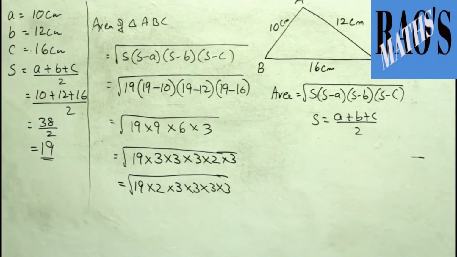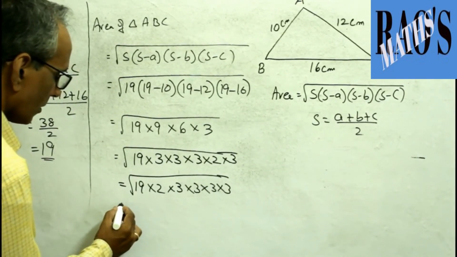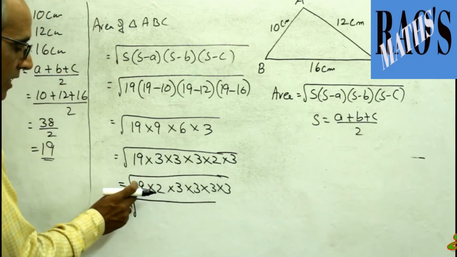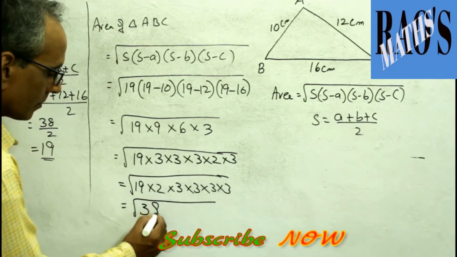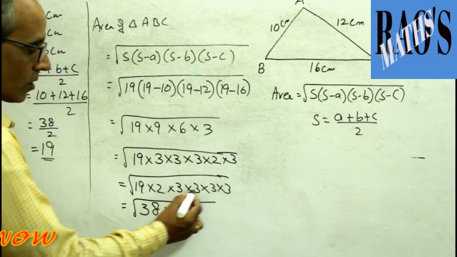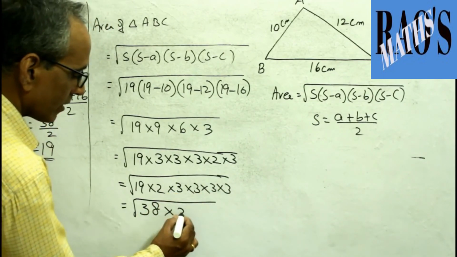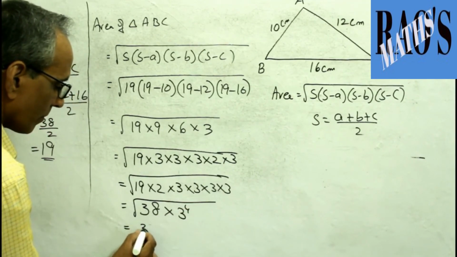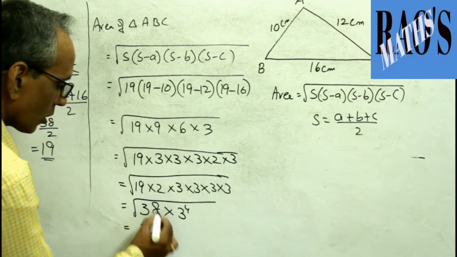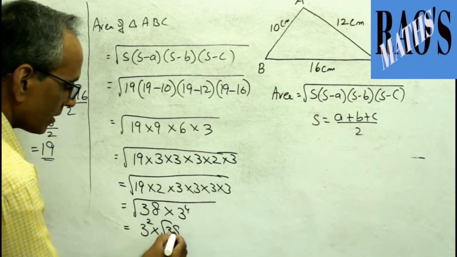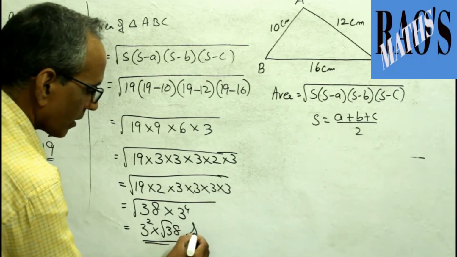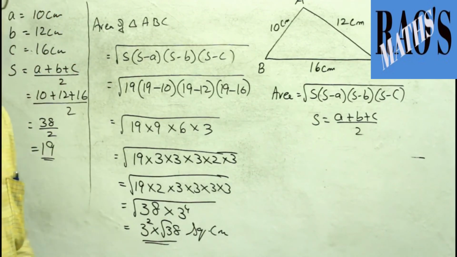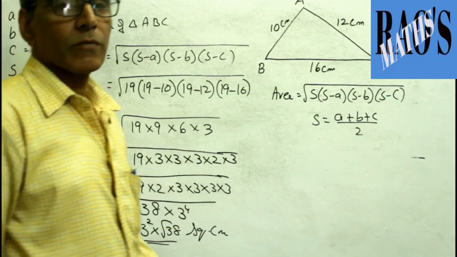I multiply the lone factors, that is 19 and 2, which gives 38, and the other factors, which are 3, four times, can be written as 3 power 4. So the square root of 3 power 4 is 3 square, into root 38 square centimeter. So it is very easy to find the area of any scalene triangle by using Heron's formula.